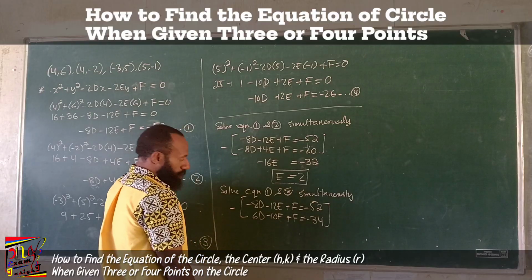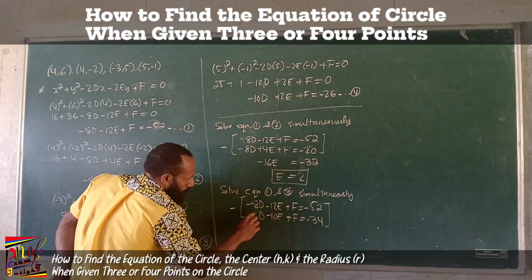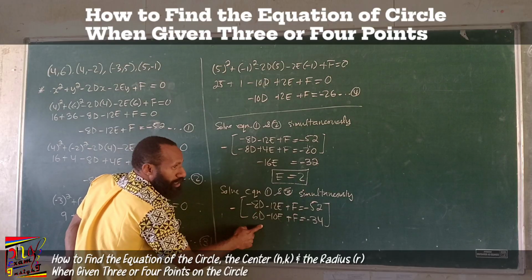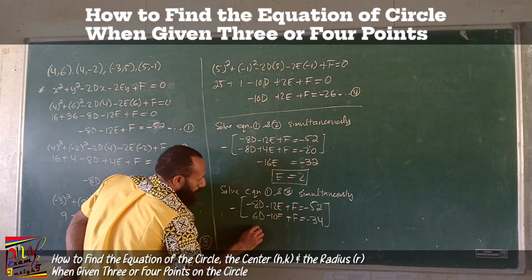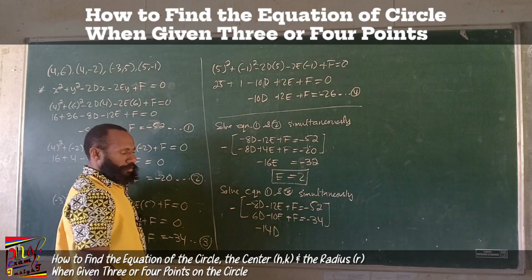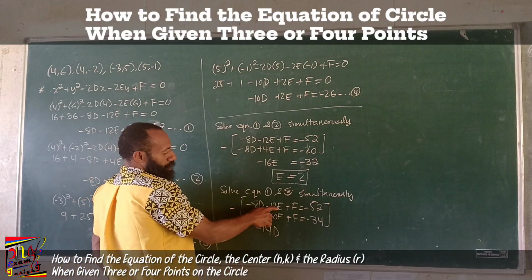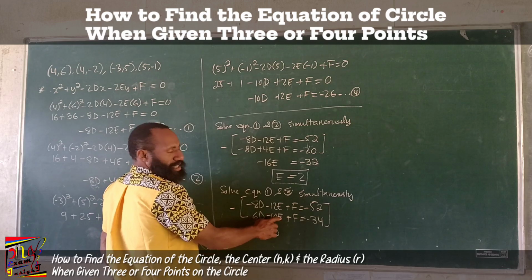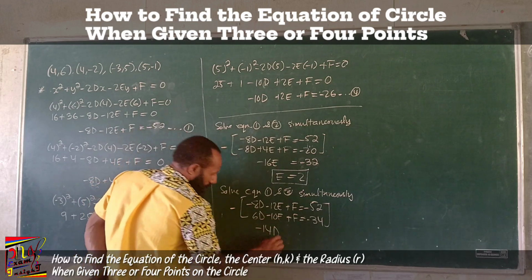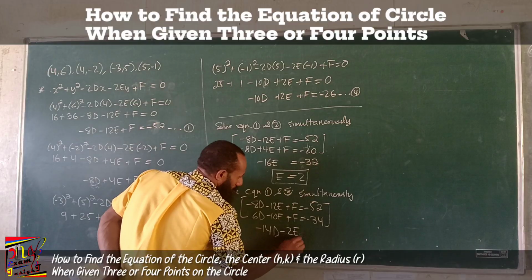Can you see? Alright. So when we do minus 8D minus 6D that gives us minus 14D. Minus 12E minus 10E gives us negative 2E. Alright, minus 2E.